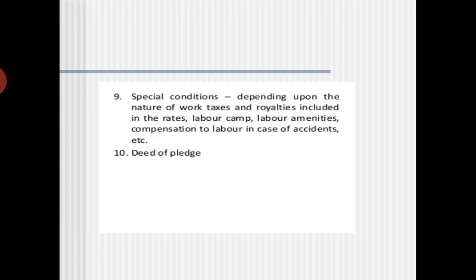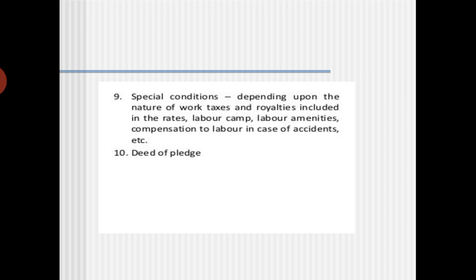So then the special conditions, depending upon the nature of the works, taxes and royalties included in the rates, labor. Normally what will happen is that if you are executing this work after 2 months, then there are a lot of variations from season to season, and that has to be included.